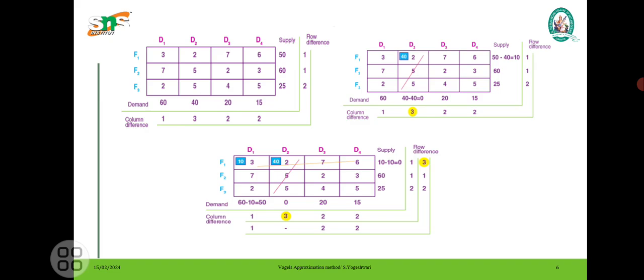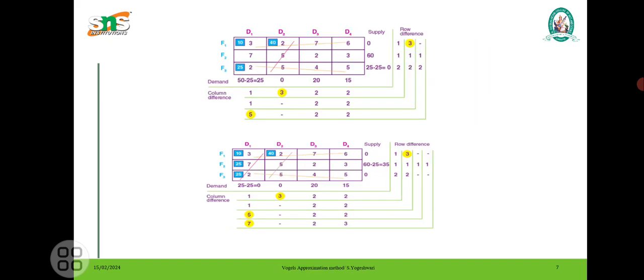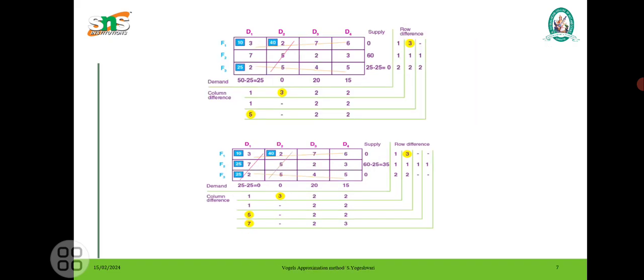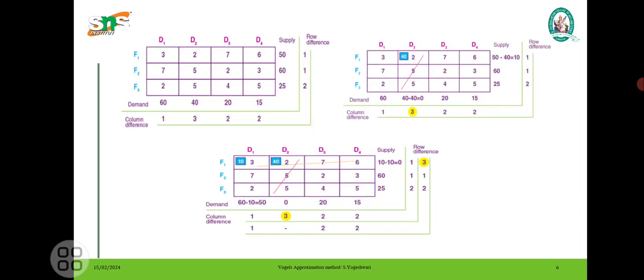The same process is followed. The row differences are: first row 3, second row 1, third row 2. Then the first column is 1, the second column is struck out, the third column is 2, and the fourth column is also 2. The minimum supply here is 60.